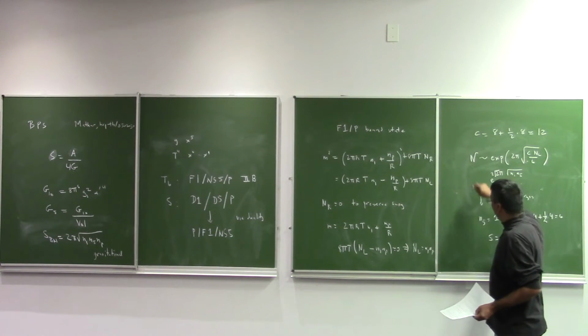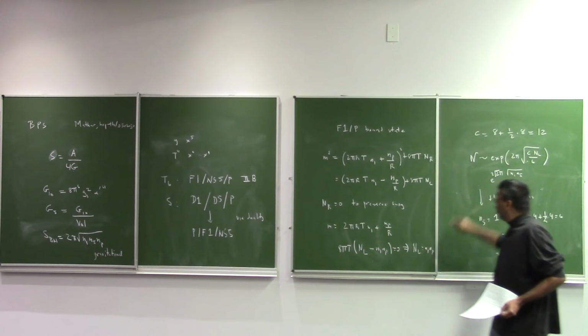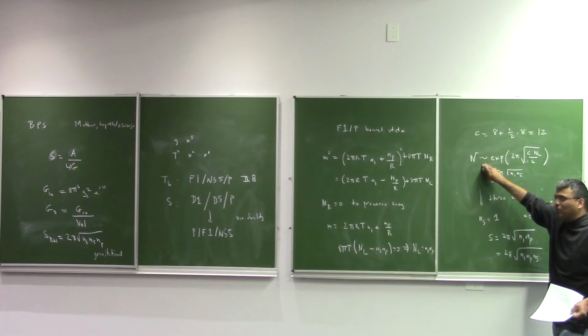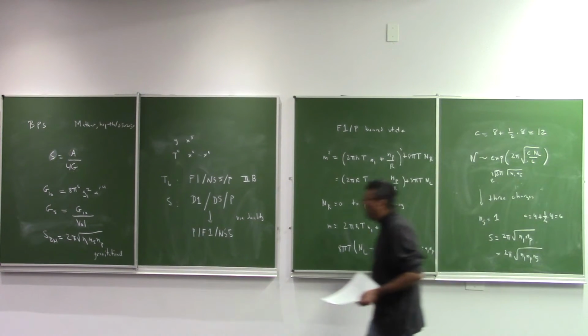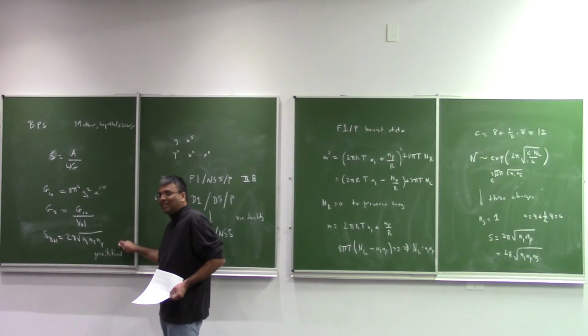So when the number of degrees of freedom is large, we can apply the Cardy formula to count the number of degrees of freedom, and we get the same answer. Okay? So this is some microscopic enumeration of entropy, which recovers the area that we saw in classical gravity.